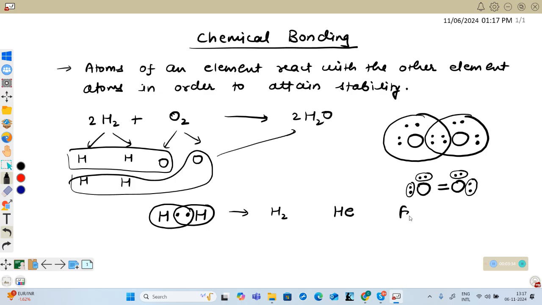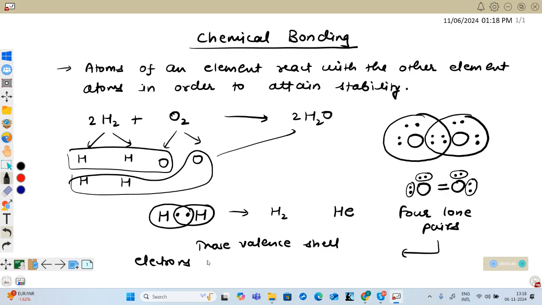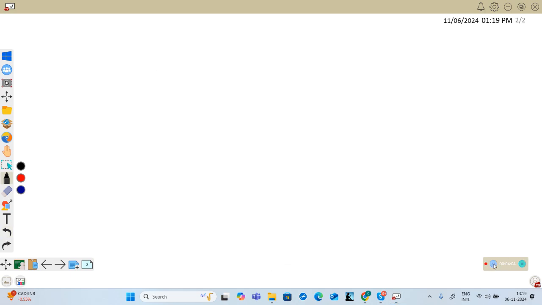Here there are 4 lone pairs. You got it? So you will be writing those valence shell electrons which do not take part in bond formation called lone pairs.